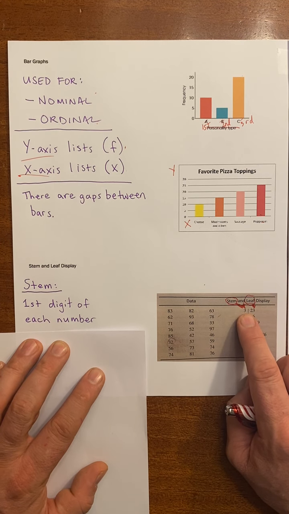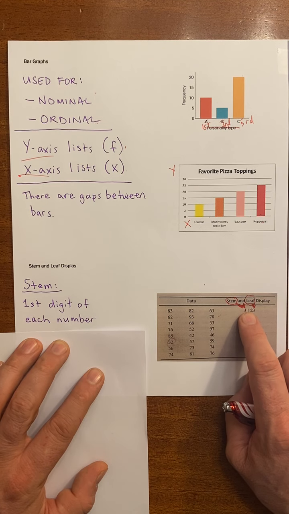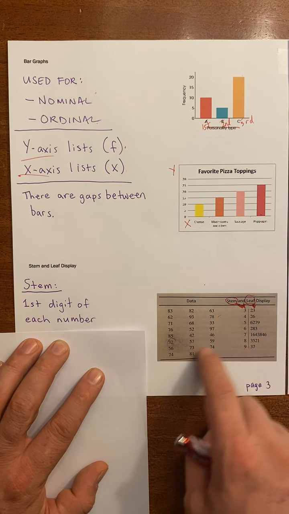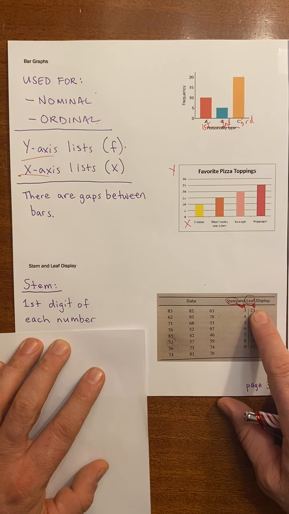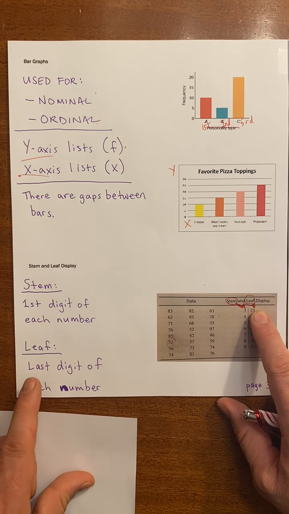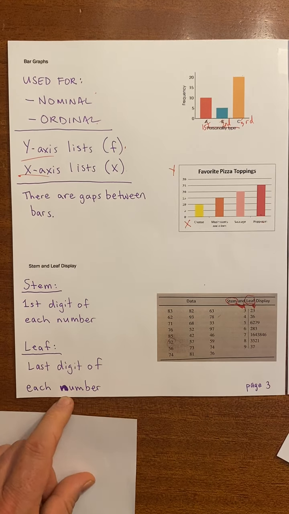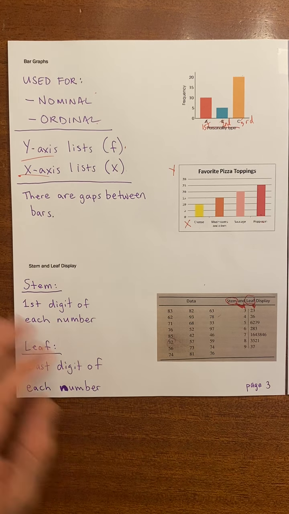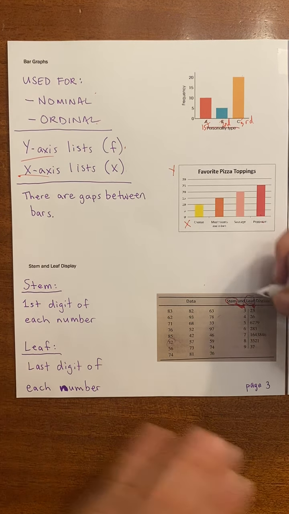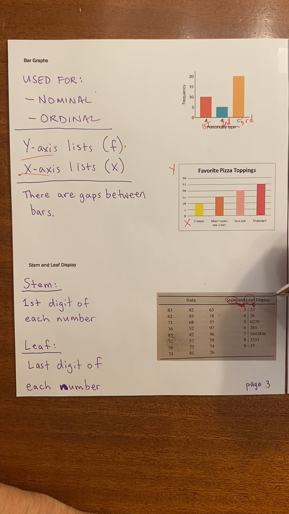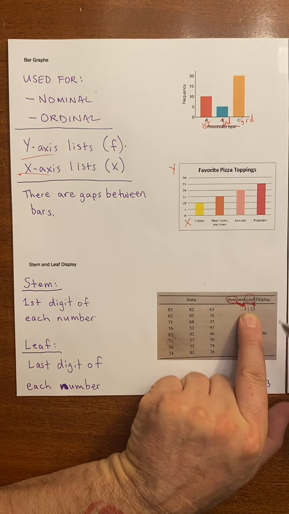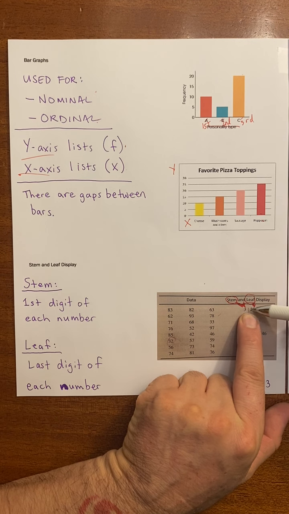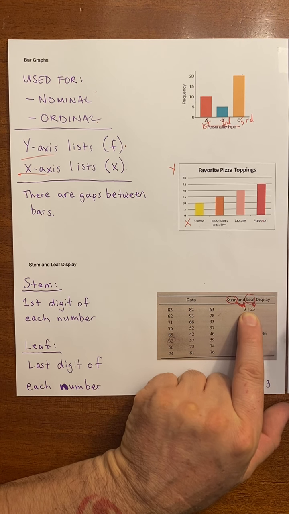That 3 is there because it's saying that there is a 3 in a tens place in here somewhere. So then the leaf is the last digit of each number. And so the way that this reads is, say, this 3 with the 2 and the 3 is saying, in the set of data, I've got a 32 lurking around out there somewhere.